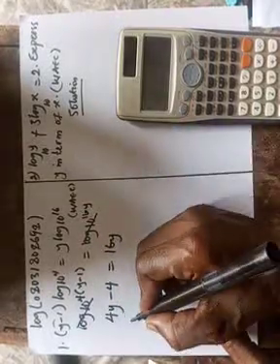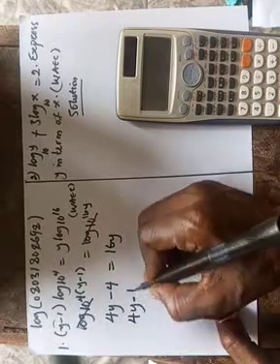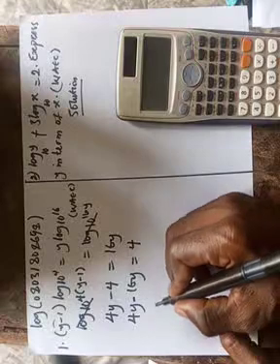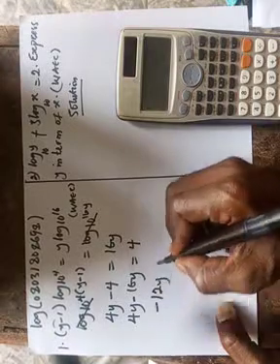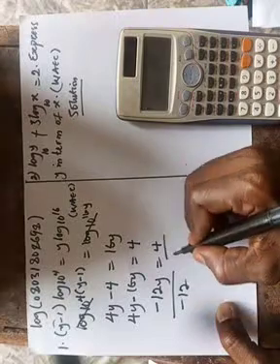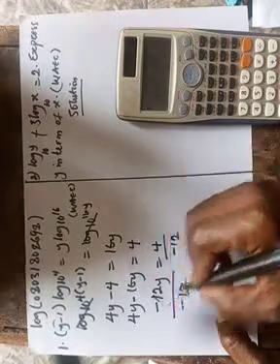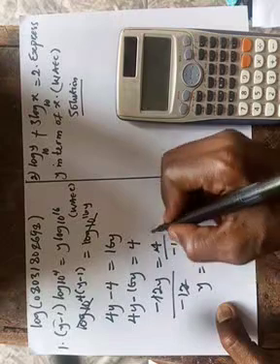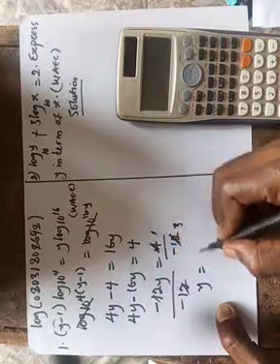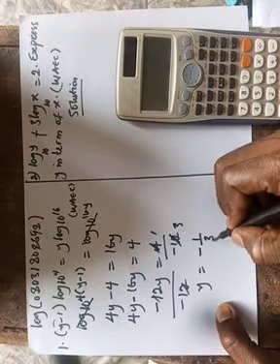Then collect like terms: 4y minus 16y equals 4, which gives minus 12y equals 4. Divide both sides by minus 12. So y equals 4 over minus 12, which is minus 1 over 3.